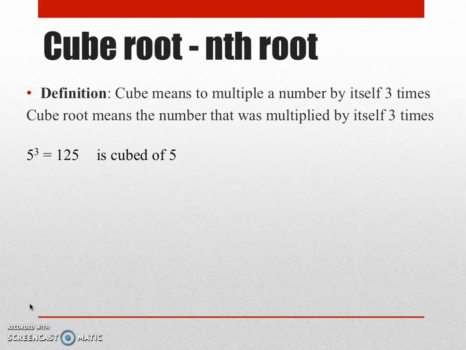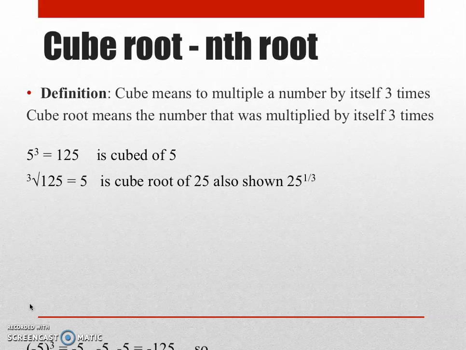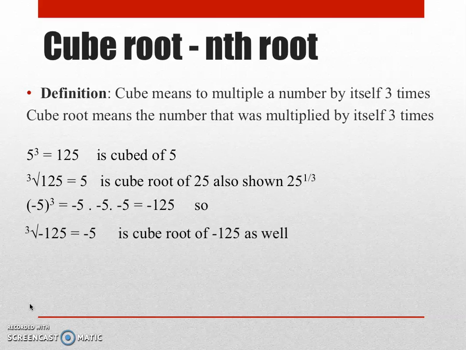So that's the cube of 5. Then we can say the cube root of 125 is 5. Again, we can show the cube root as a power of 1 over 3. How about negative 5? Negative 5 cubed actually gives us negative 125. So the cube root of negative 125 would be negative 5.